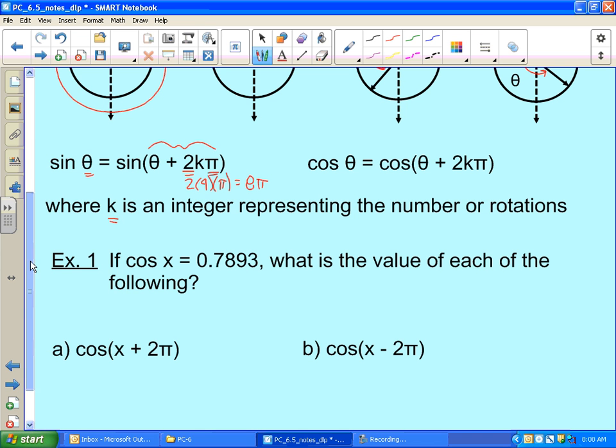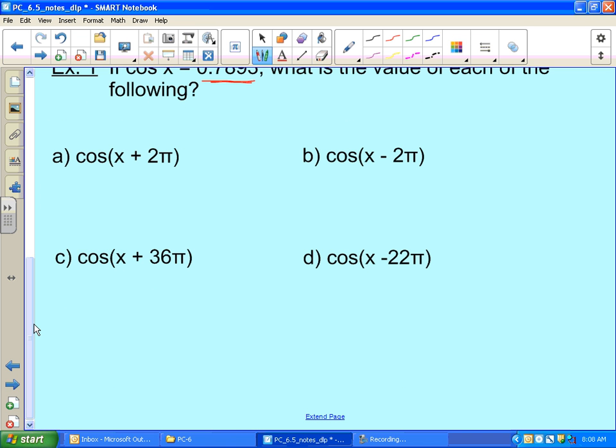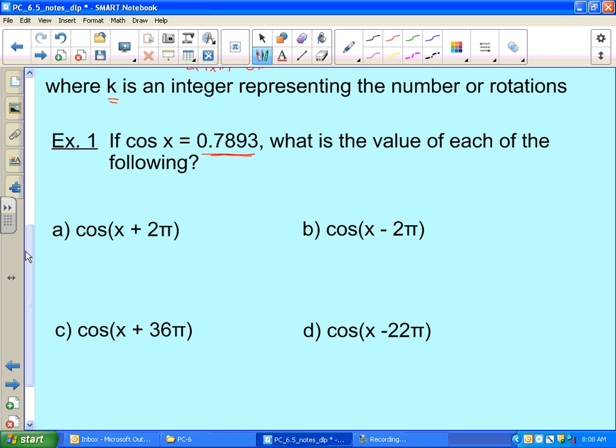So let's see how that applies here in this first example. If we have some cosine of some angle producing a 0.7893 ratio, what is the value of each of the following? So we're using this as our ratio. Again, that's our x to r ratio right there. And let's see, picture-wise, where would this cosine of 0.7893 be?